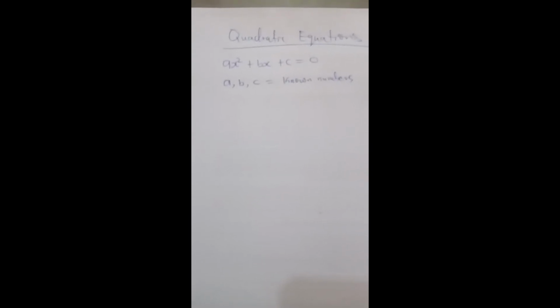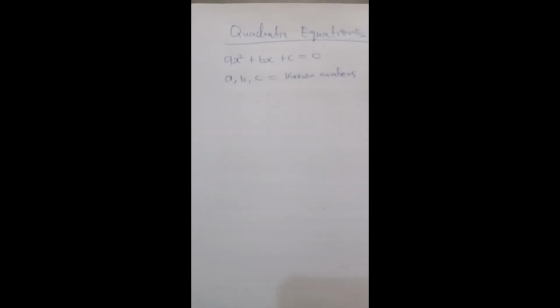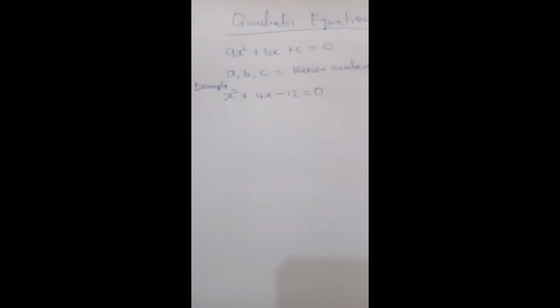In order to demonstrate how quadratic equations are solved using the method of factorization, I will bring up an example. As you can see, the example I have is x squared plus 4x minus 12 equal to 0. We will be demonstrating how to solve this particular equation using the factorization method.